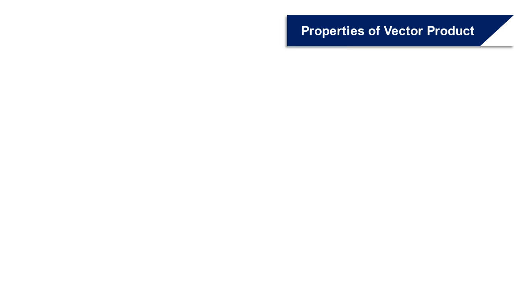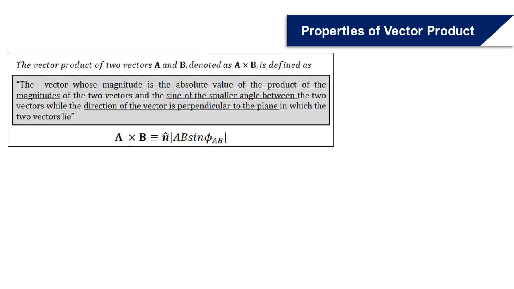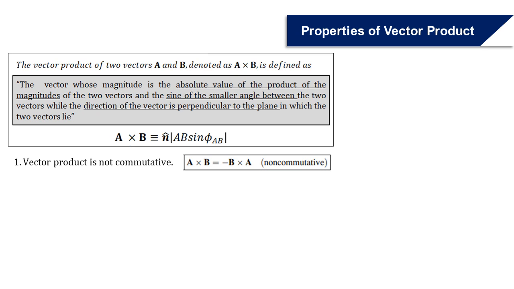So in this slide, we'll discuss yung mga properties ng vector product. I-project lang natin dyan yung diniscuss natin kaninang definition. Okay, ano ba yung mga properties ng vector product or cross product? First, vector product is not commutative. Ano ibig sabihin niyan? So, meron siyang sinusundan na specific arrangement.